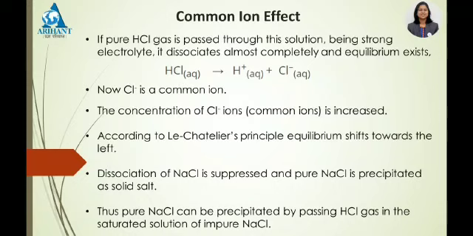According to Le Chatelier's principle, equilibrium shifts towards the left. So the dissociation of NaCl is suppressed and pure NaCl is precipitated as solid salt. Thus, pure NaCl can be precipitated by passing HCl gas in the saturated solution of impure NaCl.